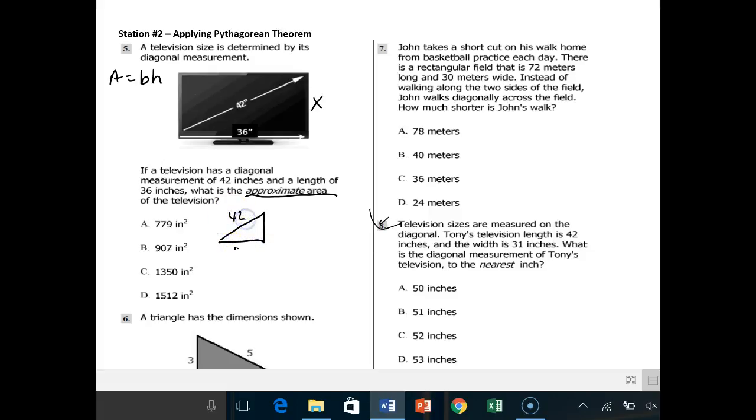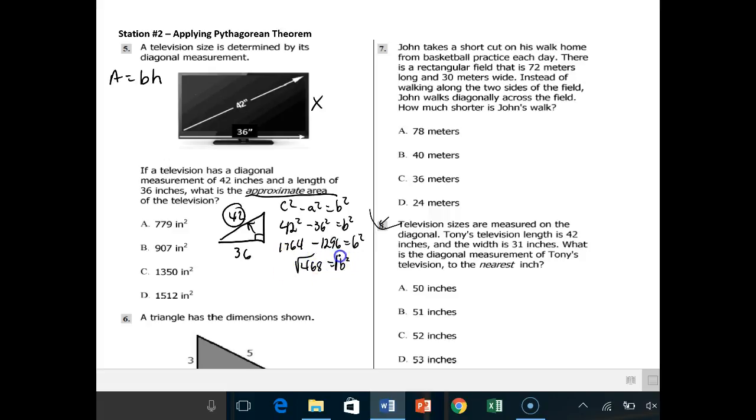What we can do is use the Pythagorean theorem to find that height. So we have 42 here, 36 here. Notice we have a hypotenuse, so we'll be using c squared minus a squared is equal to b squared. So in this case, 42 squared minus 36 squared is equal to b squared, or 1,764 minus 1,296 is equal to b squared, or 468 is equal to b squared.